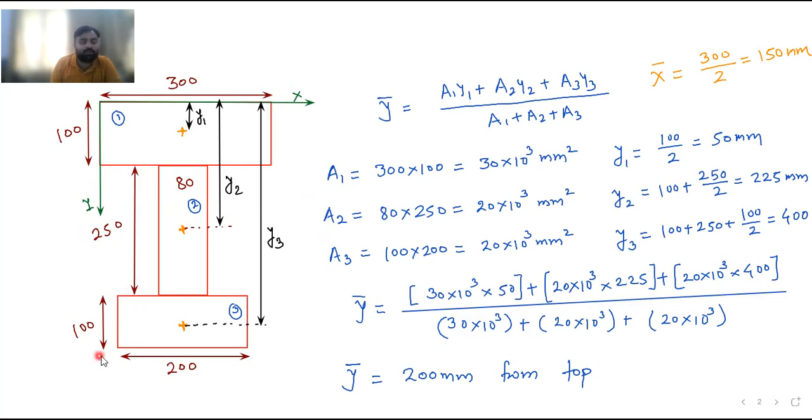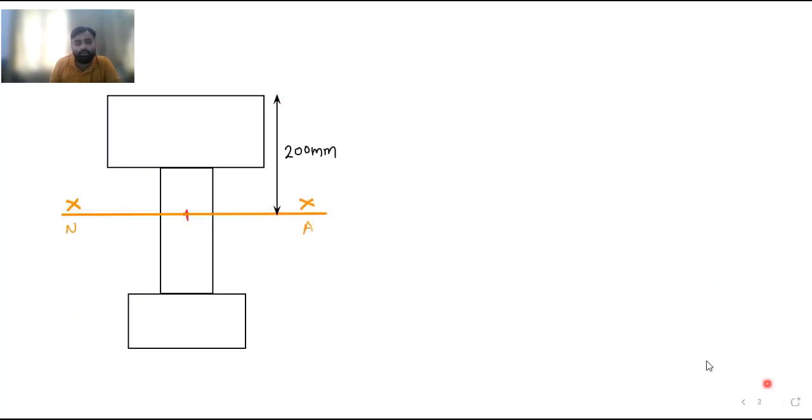Now here this is 200 and the total distance is 450, so the remaining will be 250. So from here up to the bottom, this is 250 mm.